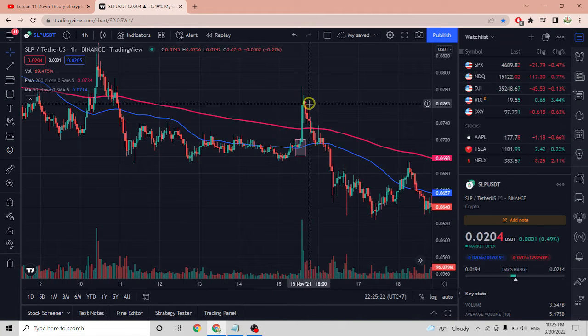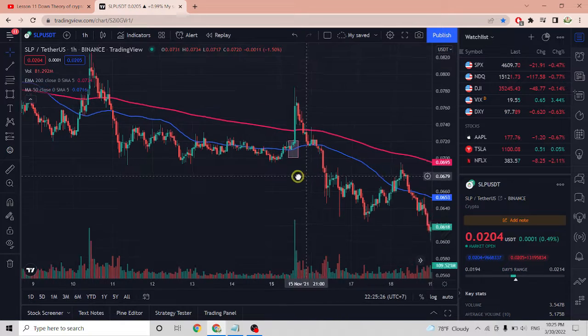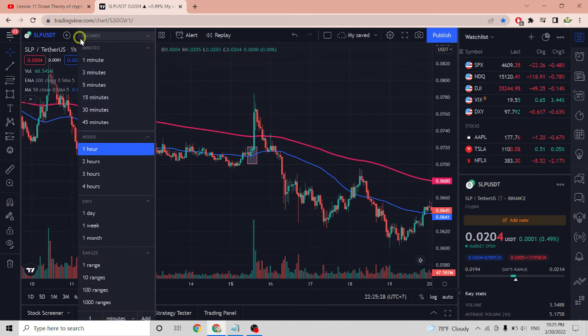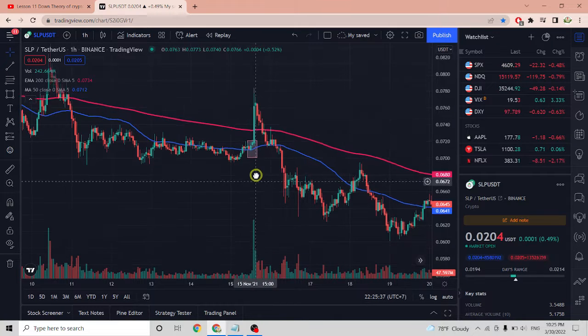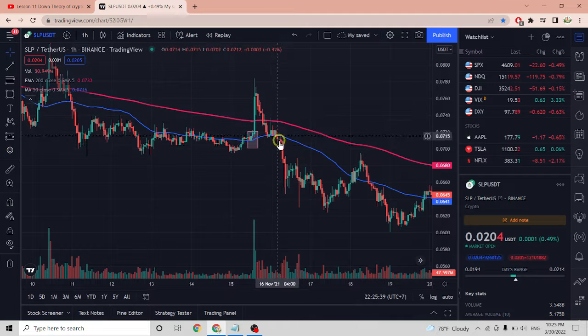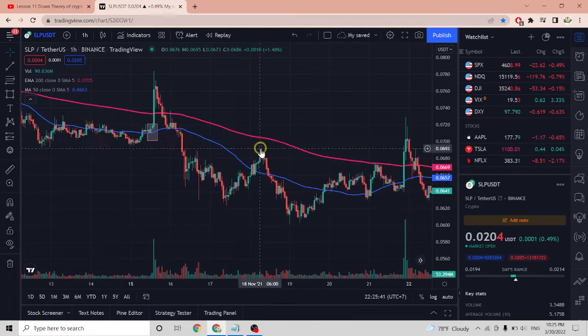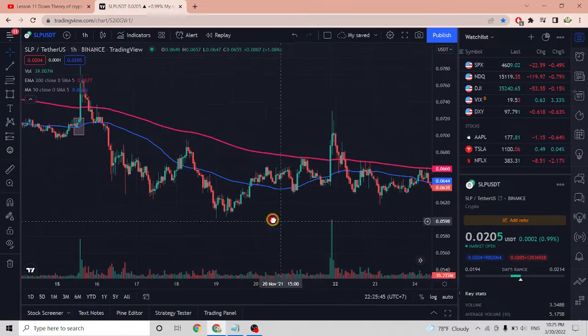Up, yeah. Lucky it's up a little, but it's going down again. So I choose the time frame 1 hour. So yeah, it's going down again because the EMA is not below the MA.